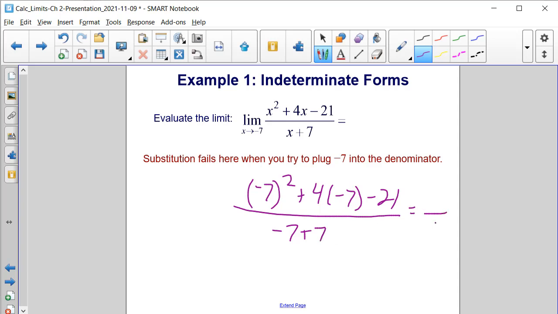We know the denominator is going to be 0. If we evaluate the numerator, we're going to have 49 minus 28 minus 21. Well, that equals 0 also. So we have an indeterminate form. That means that we can factor.